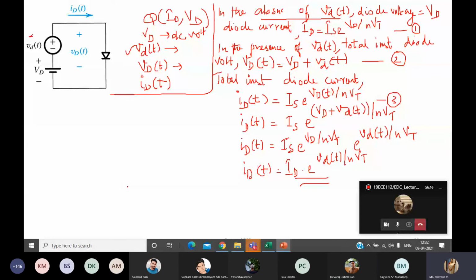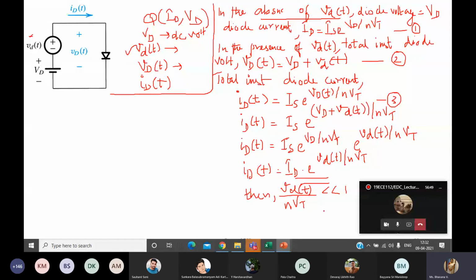Now take down. If the amplitude of the signal vd of t is very small, then vd of t by nVT will be very much less than 1.